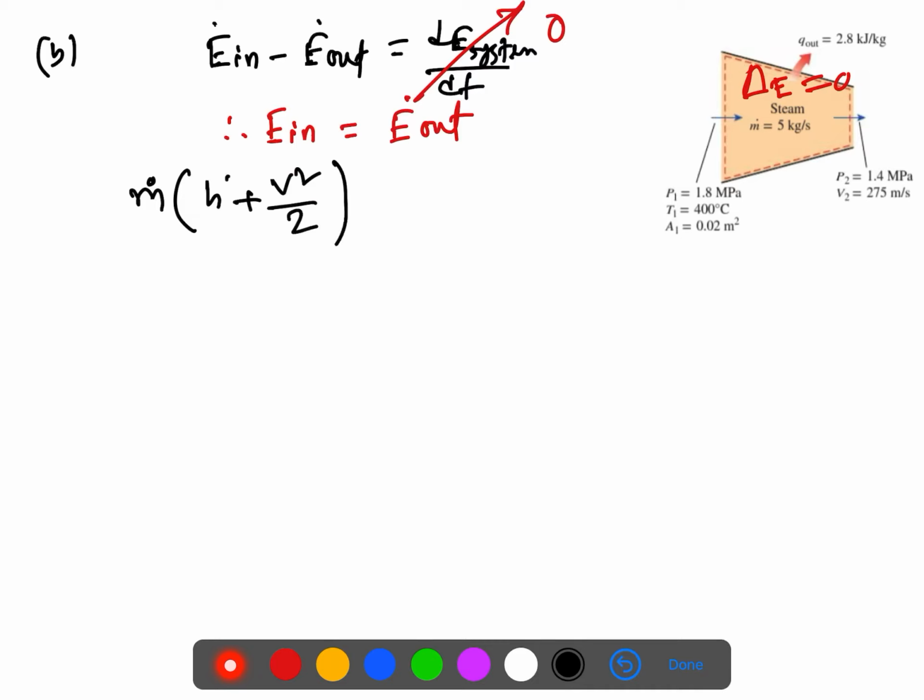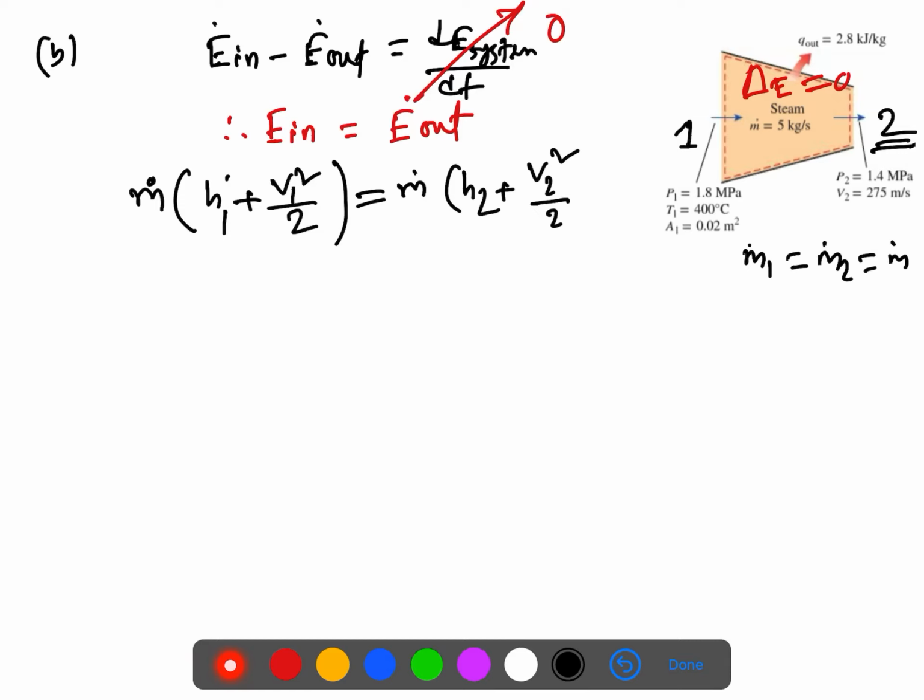We had gz, but we have no elevation here, so that term will be 0. If we say this is state 1 and this is state 2, we can write m(h1 + V1²/2), and we already know m1 and m2 are equal to m. The right-hand side will be the same: m(h2 + V2²/2).